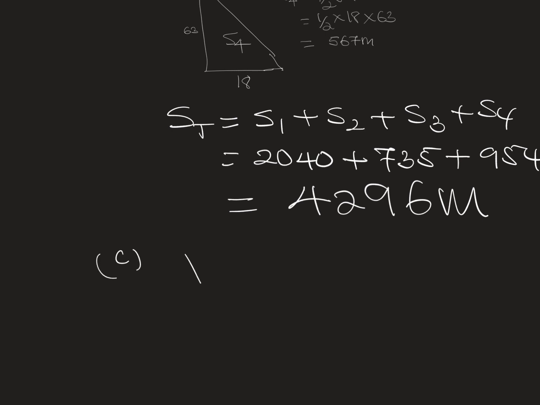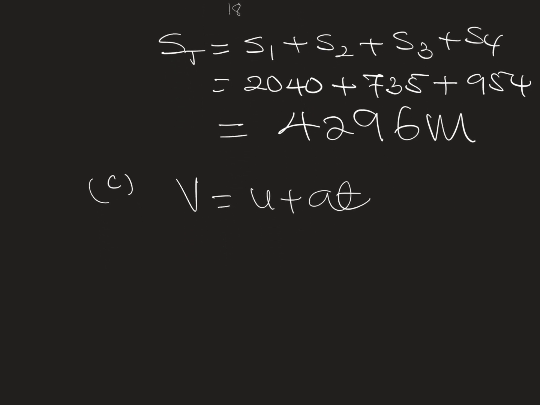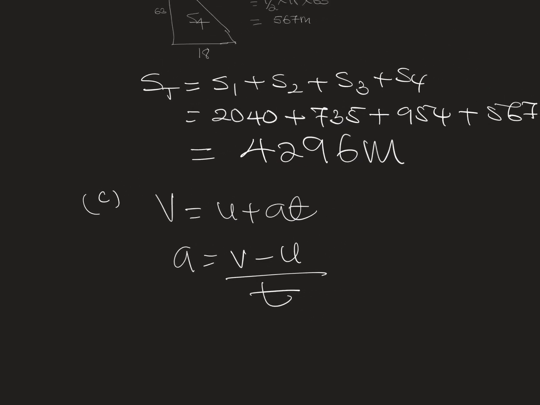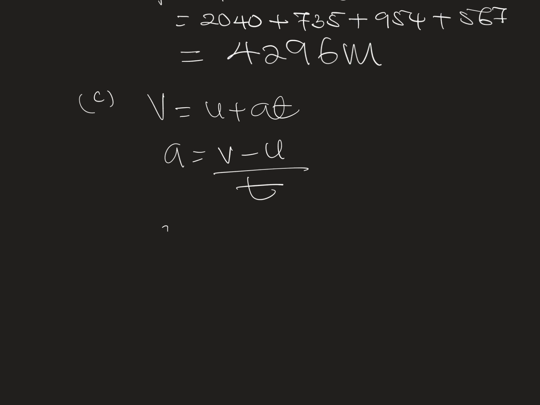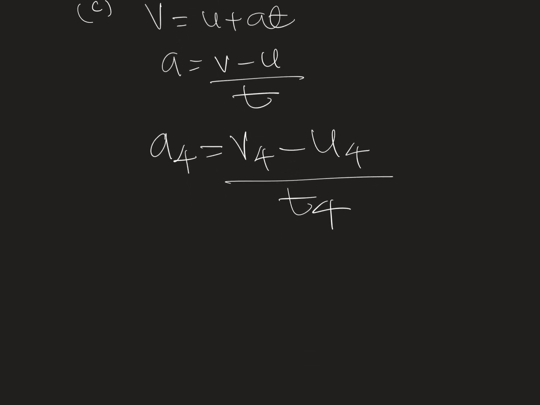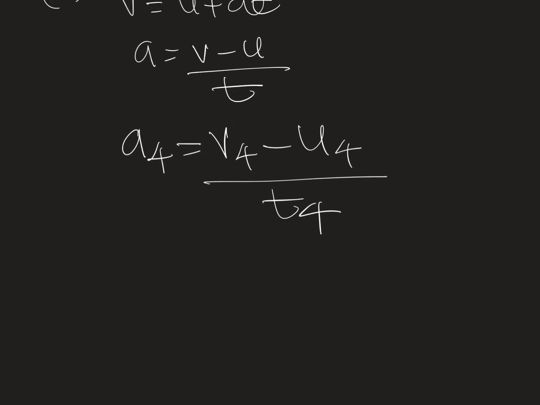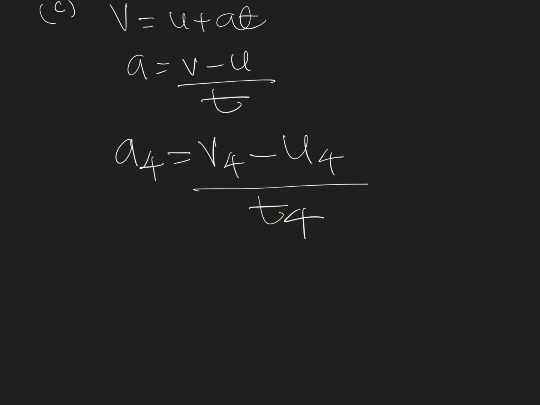We know that if v is equal to u plus at, then acceleration will be v minus u divided by t. The deceleration that brought the car to rest was in the fourth event, so I can say a4 is equal to v4 minus u4 divided by t4, the 4 indicating that it's in the fourth event. What was the final velocity when the body comes to rest? It will be 0.